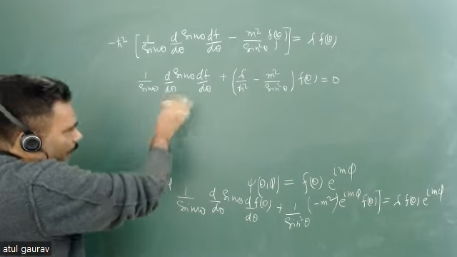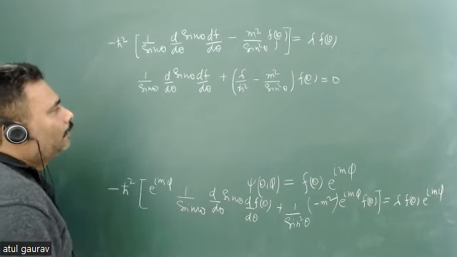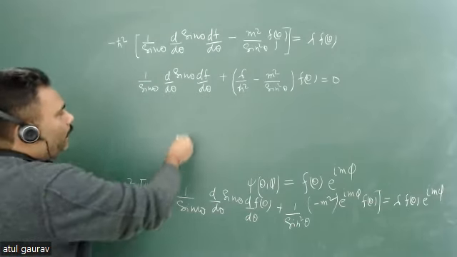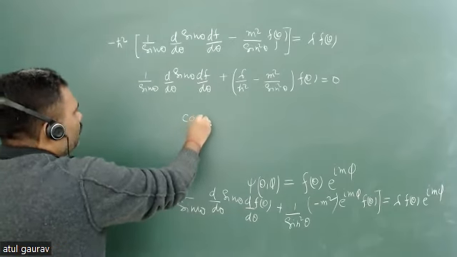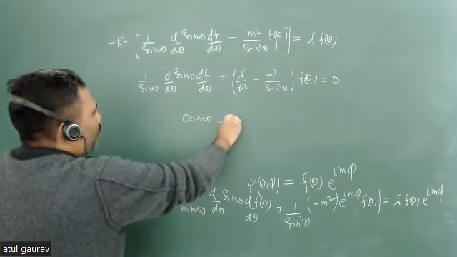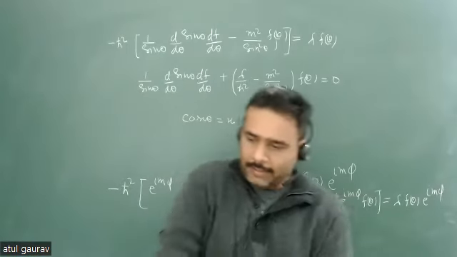We will just change the variable a little, and what we will do? We will just try to put cos theta is equal to x. Why we are putting this?